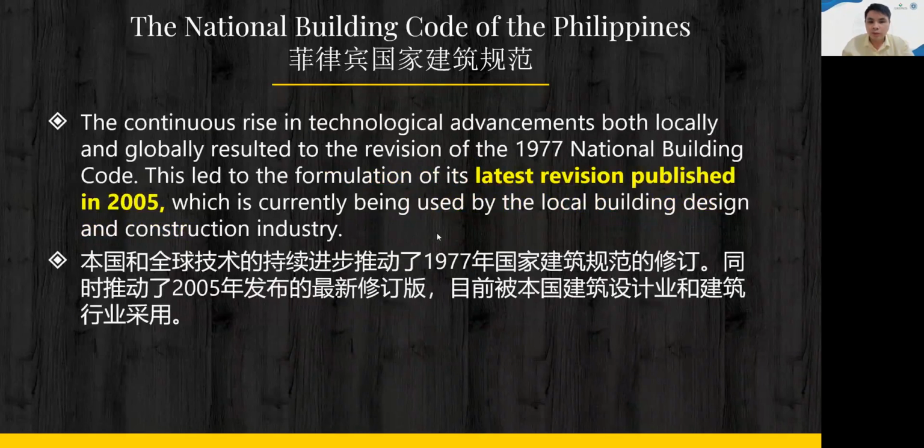However, the continued rise in technological advancement, both globally and locally, resulted in the revision of this code in 2005. So the Philippine government felt the need to update and revise the Philippine Building Code to cope up with the advancement of international construction.